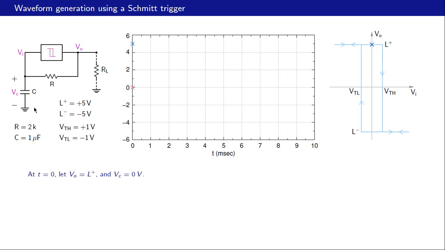What happens now? This input current is 0. This VO is plus 5 volts. Capacitor voltage is 0. So the capacitor is going to start charging towards VO, that is plus 5 volts. And the time constant, of course, is R times C. There is only one R here, and that is 2K times 1 micro or 2 milliseconds. Note the scale here.